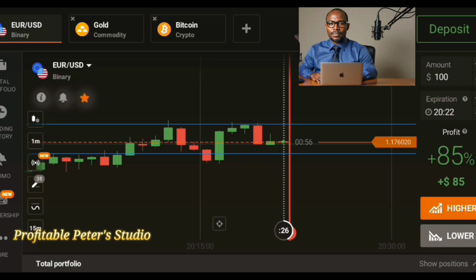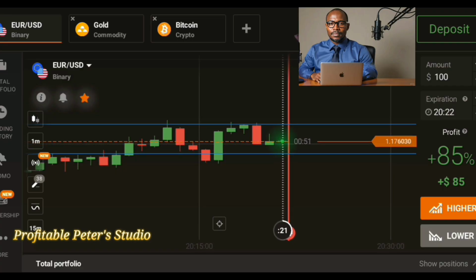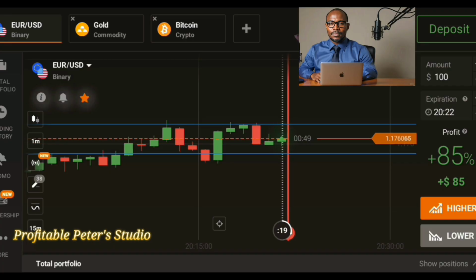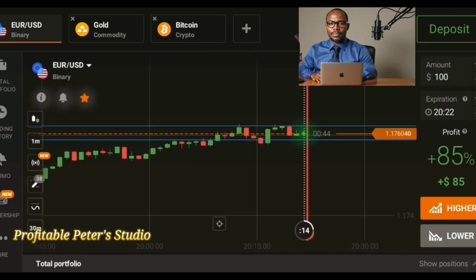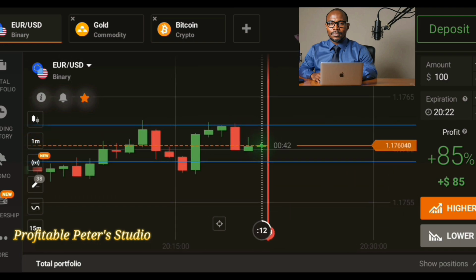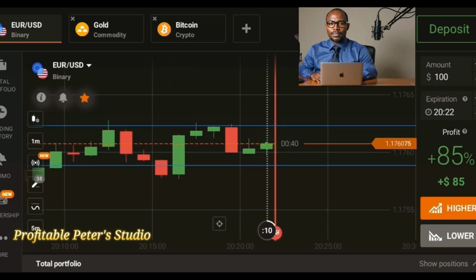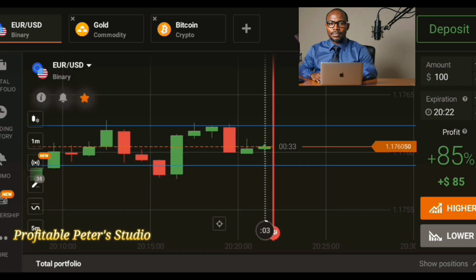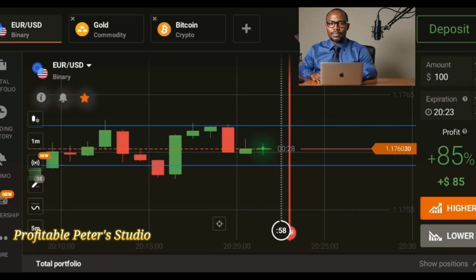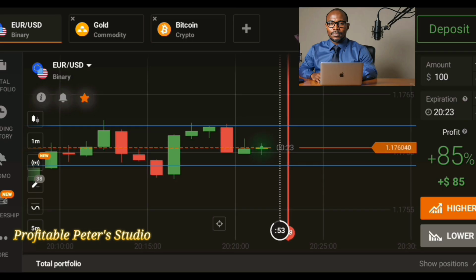Right, candlestick has closed. Let's see, it's coming down, going back up. This is the buyers, the buyers are the ones responsible for that. Okay, let's see, it comes down a little bit. Okay, the next 30 seconds, it's going to close.